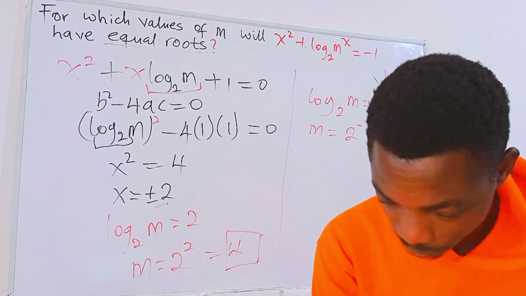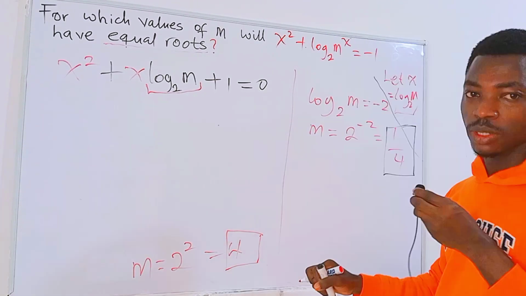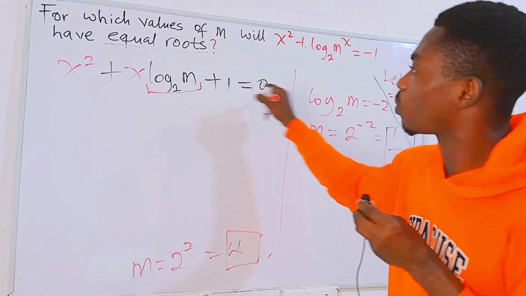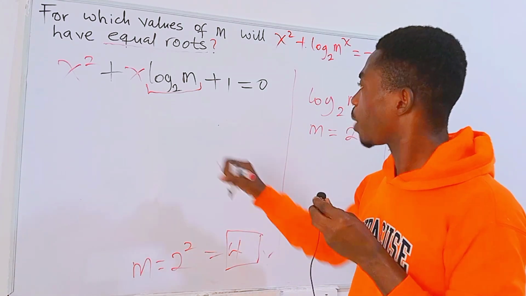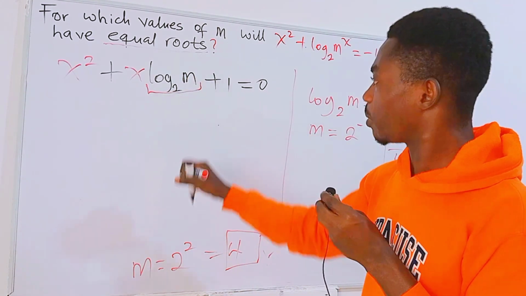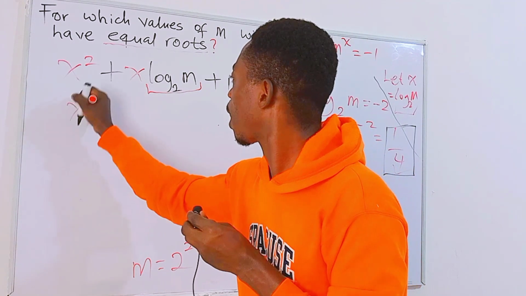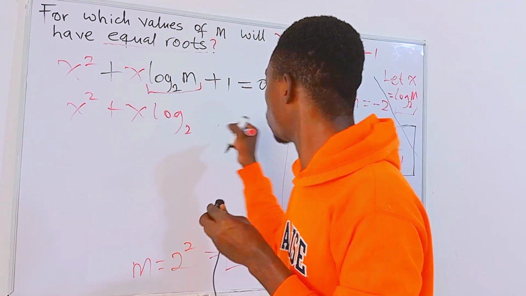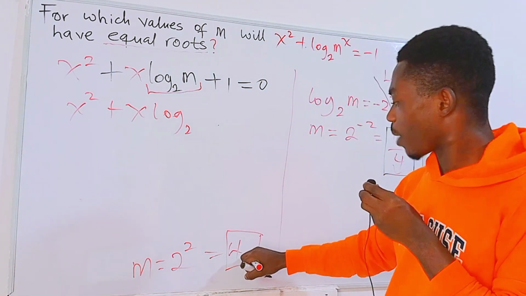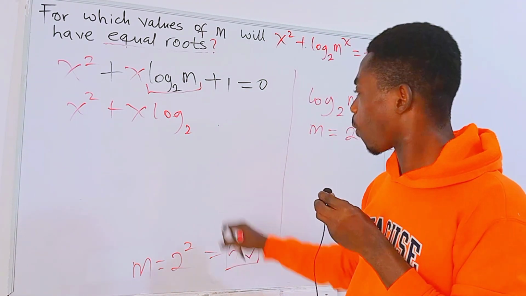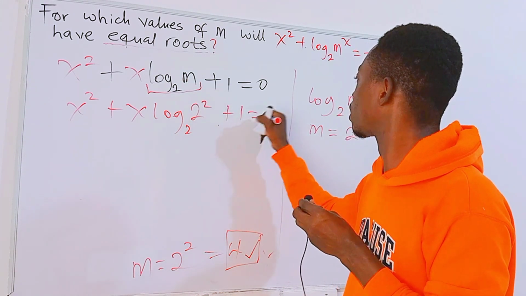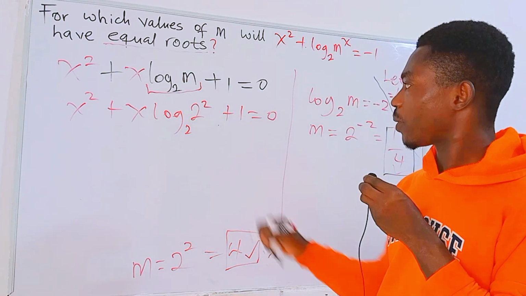So let's do that. I have to clean my board. To test and see whether these answers will make this equation have equal roots, we have to substitute m. So we will have x squared plus x log base 2 of, this time we are considering this first, 4, which is the same as 2 to the power 2, then plus 1 is equal to 0.